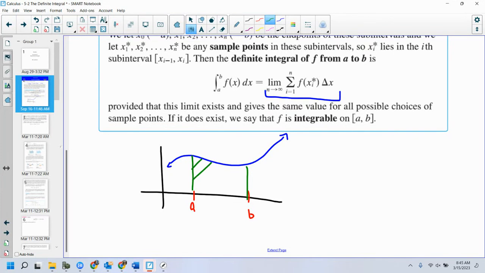This is defined as that region. That whole thing is equivalent to the area under the curve. Not the curve, but the area under the curve. Definite boundary lines, right? Finite boundaries.